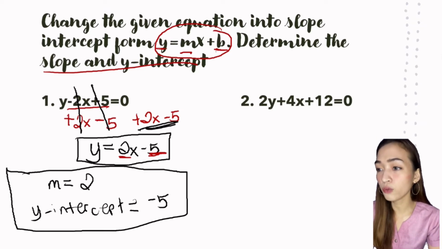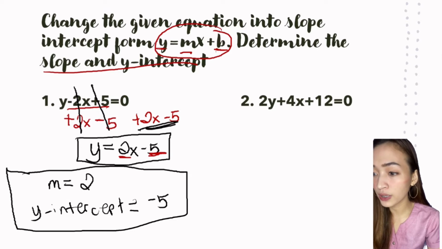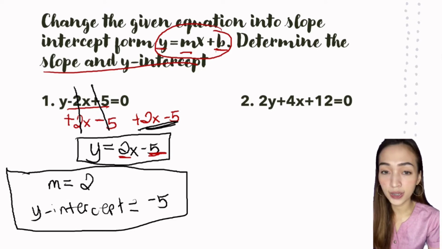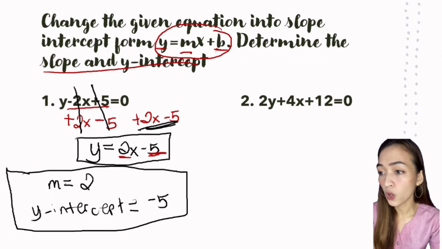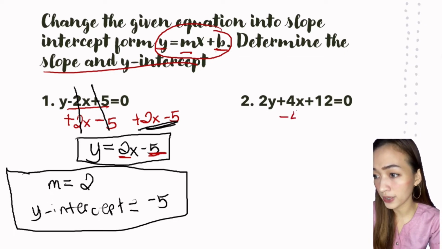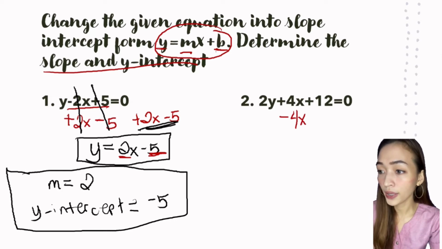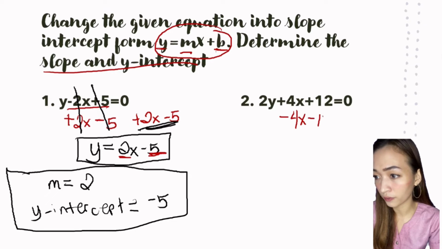Now, in number 2, we have here 2y plus 4x plus 12 equal to 0. So, again, we need to add the opposite sign of our x and our constant. So, the opposite sign of our positive 4x is negative 4x. And then the opposite sign of our positive 12 is negative 12. And now, we also add this to our right hand side.